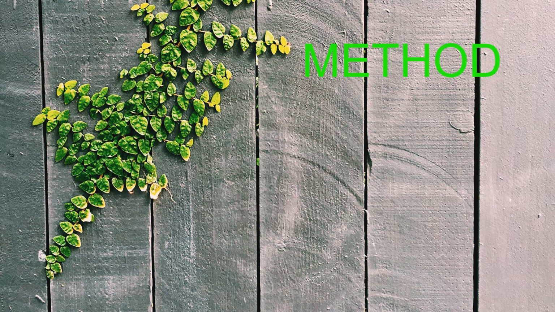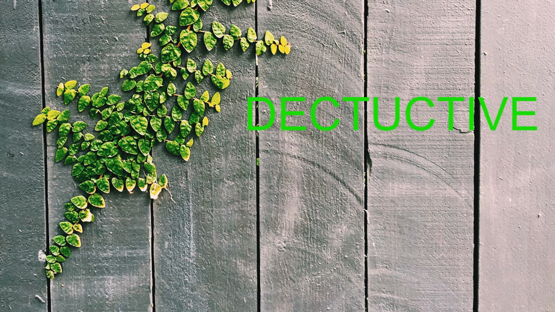So the method, as I already told you, is about grammar and translation. It is a deductive method. That means that you go from general to specific. First you tell about general rules.